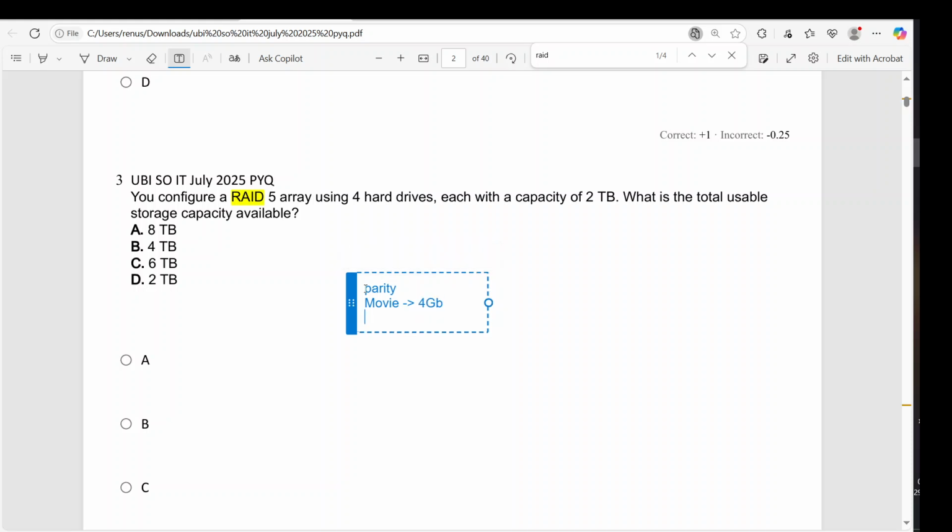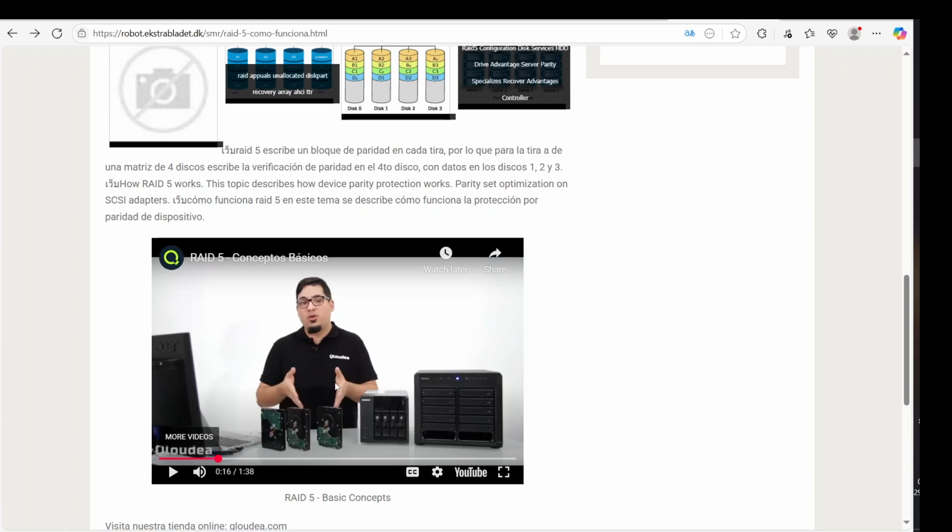You divide your movie into four parts: part 1, part 2, part 3, part 4, and each part is 1 GB. When you combine them, it becomes the movie. Let's suppose you have four hard drives: hard drive 1, 2, 3, and 4. Now you have stored the data across them.